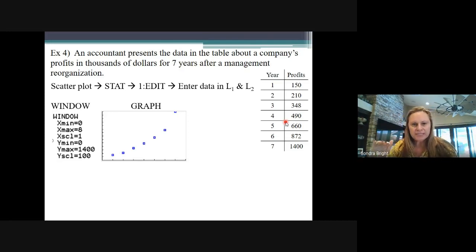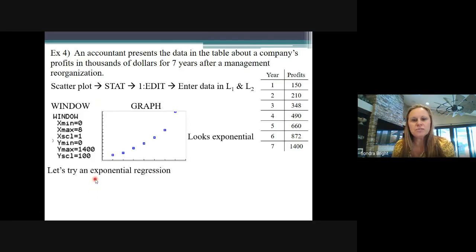And you'll notice, if you try to do a straight line, this is definitely curving up, right? Do you see how it's definitely looking curvy to me? And so, to me, it looks exponential. So I'm going to use an exponential regression.